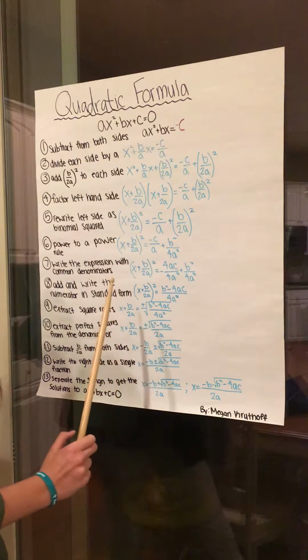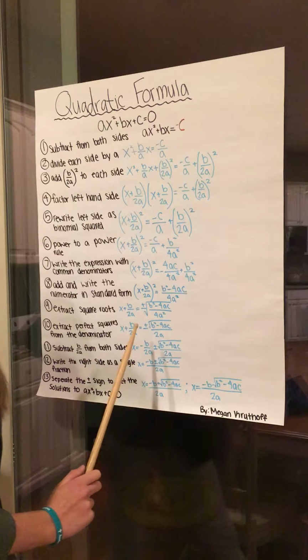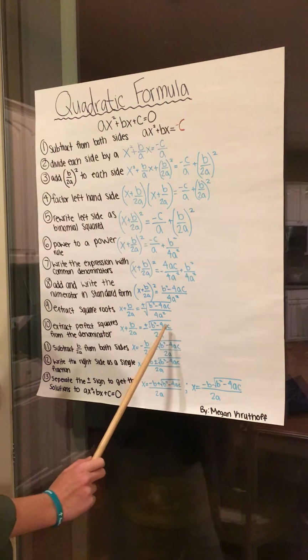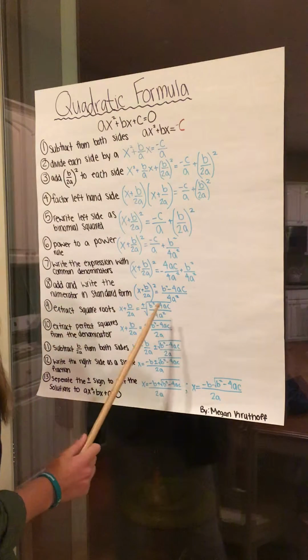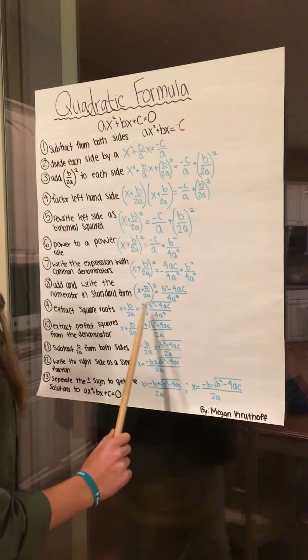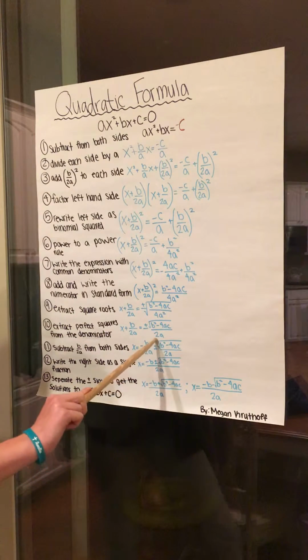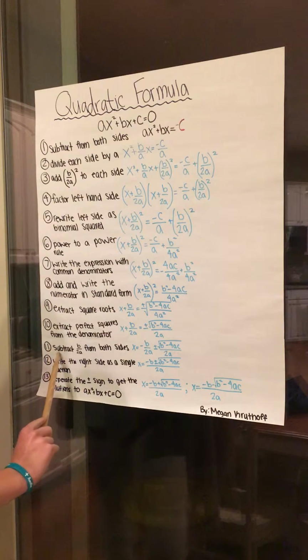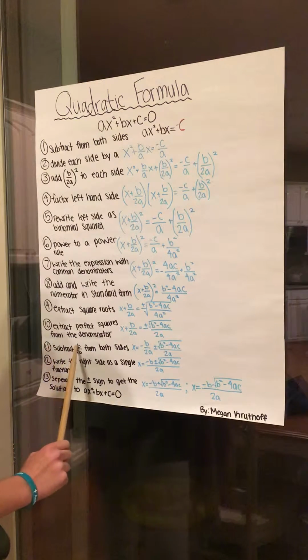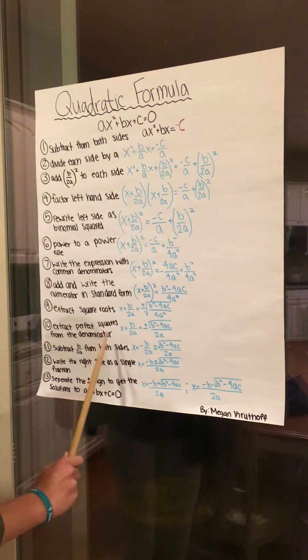But you're going to extract the square, because in the ninth step, 4a squared had a square, but in this step it doesn't. Then the 11th step is to subtract b over 2a from both sides.